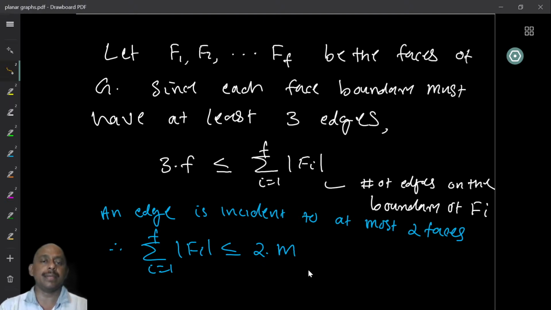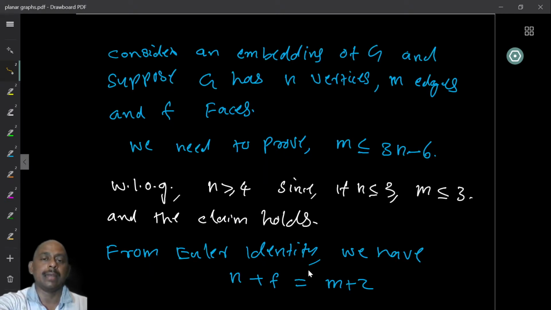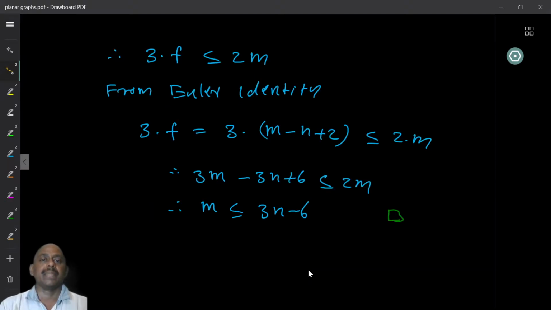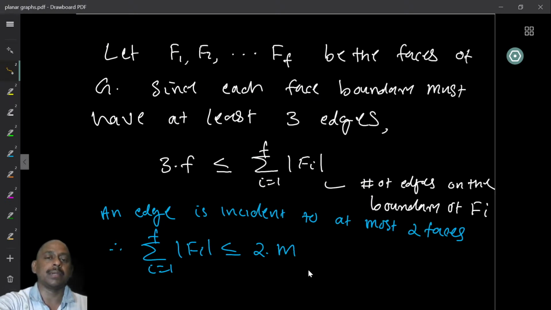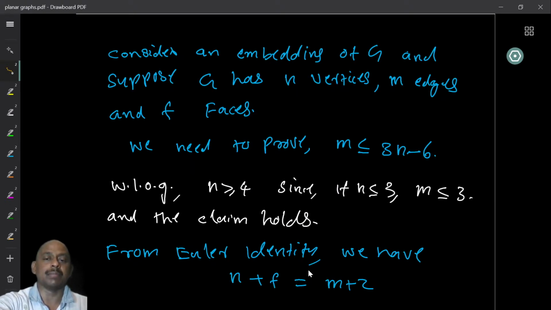So now we have that 3 times the number of faces is less than or equal to 2 times m, the number of edges. We can now substitute this into the Euler identity, n plus f is equal to m plus 2. If you multiply by 3 on the Euler identity, you will get 3f equal to 3m minus 3n plus 6, because f is equal to m minus n plus 2.